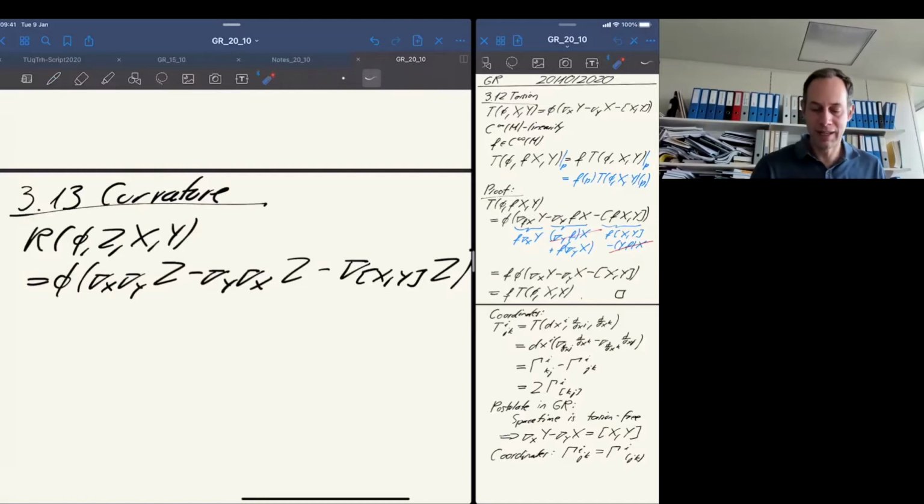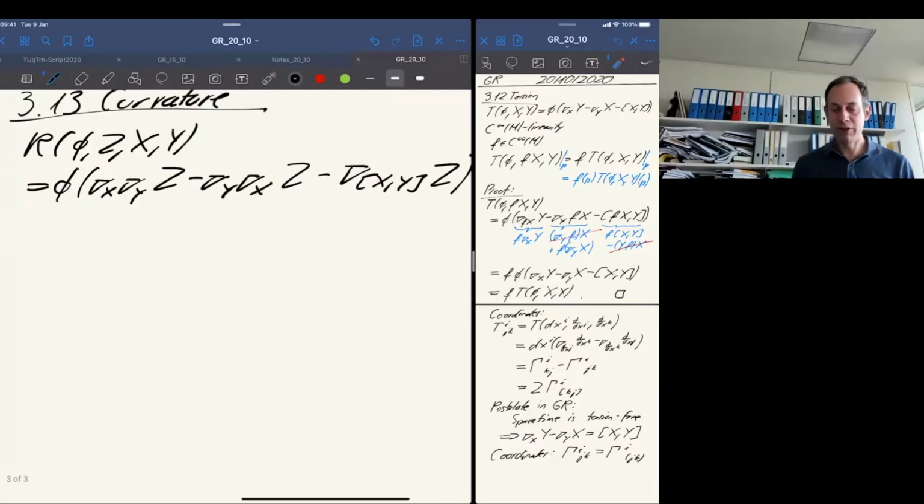And indeed, as I already announced, the Einstein field equations, which are the main equations determining the structure of space-time, will tell us what this curvature is. They will give us information about this curvature. Actually, not about this object itself, but about the contraction of this object, as we will see.